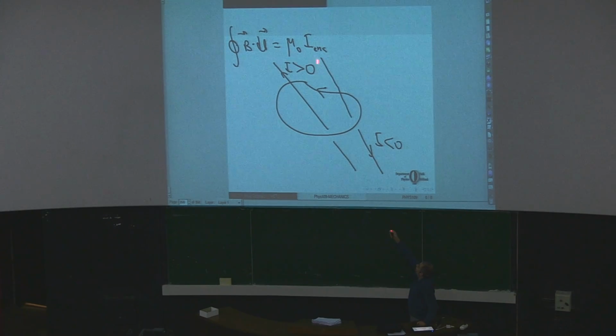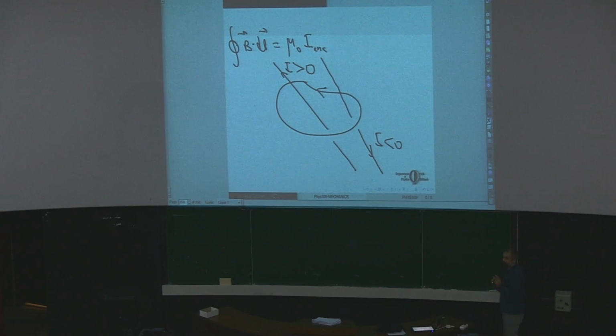And if you want to use this law, you have to assign signs to your currents. They should be positive or negative depending on which way they are going through your loop. And the positive and negative directions have to be consistent with the orientation of your loop. They're not arbitrary. There are two things that you can choose: the orientation of your loop, you can run around your loop in this sense or in the opposite sense, and the positive and negative directions of your currents.